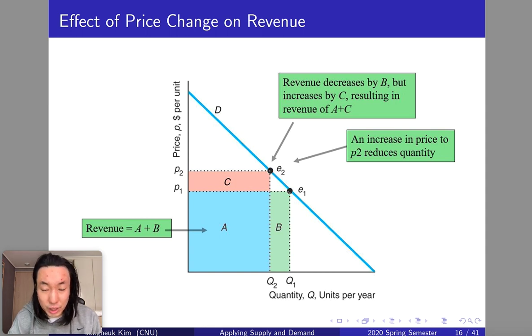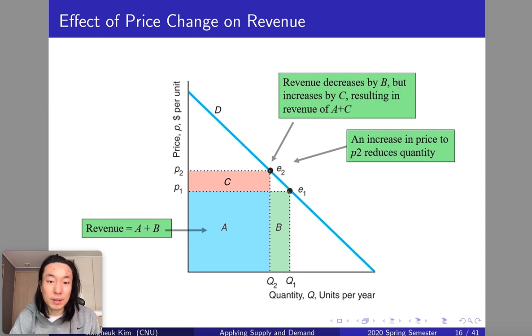So let's look at E1 first. If the equilibrium quantity is determined at E1, then what is your revenue? Revenue is calculated by the area of the rectangle P1 times Q1. So A plus B is the revenue at E1.